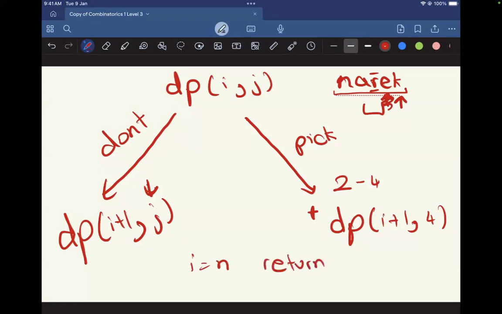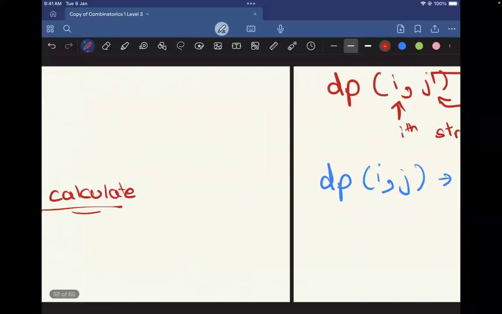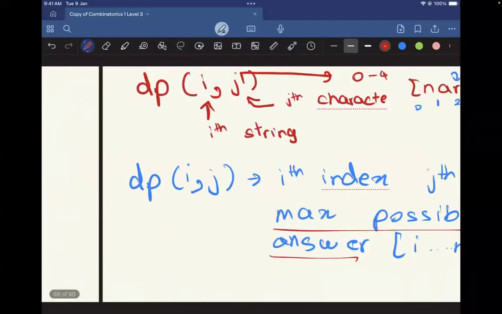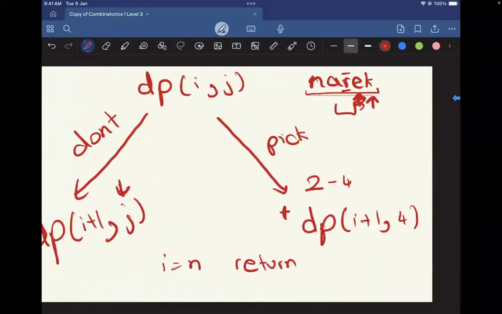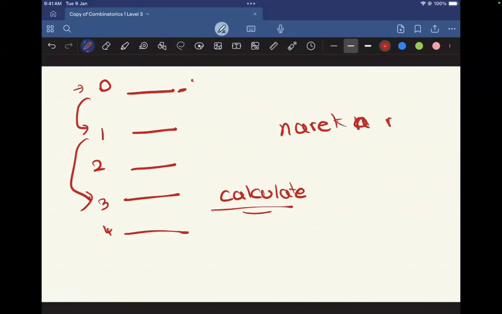We just saw that in the end, if I am left with some particular prefix, let's say NARE, you can see that I am on index 4 and I need to find K. So I can return minus 2 times j.